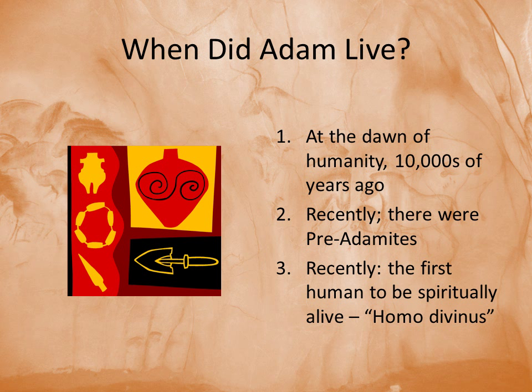Divinus, godly, as opposed to Homo sapiens, the biological, scientific name for humans. Homo divinus. Not the first human being chronologically, but the first human in the sense that he represented humanity before God, and in the sense that he was the first to be spiritually alive, to know God.